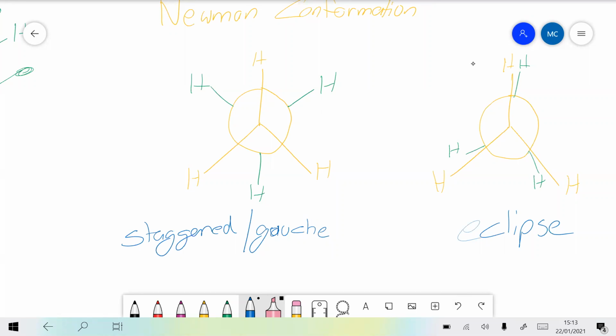Now, gauche and staggered do not mean the same, but for this particular example, there is no major difference. When we use other examples, then we'll see.